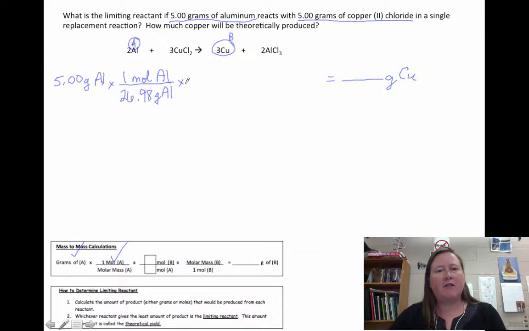The next step is the mole-to-mole ratio, and I have moles of substance A on the bottom, and we're looking for unit cancellation, which is why it makes sense that that's there, related to moles of substance B on the top, which is copper. Remember, these numbers are coming from the coefficients of the balanced equation, so 3 moles of copper for every 2 moles of aluminum.